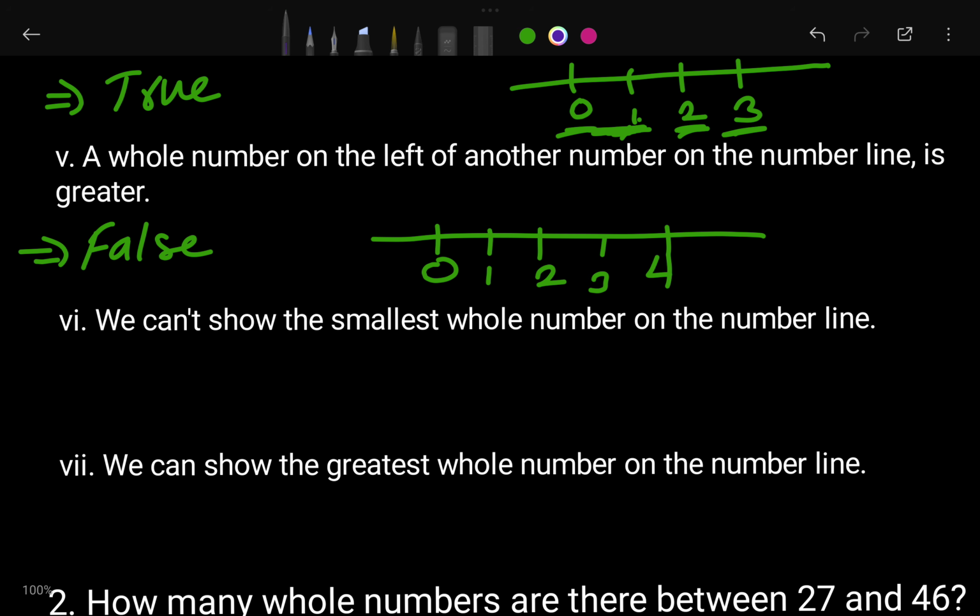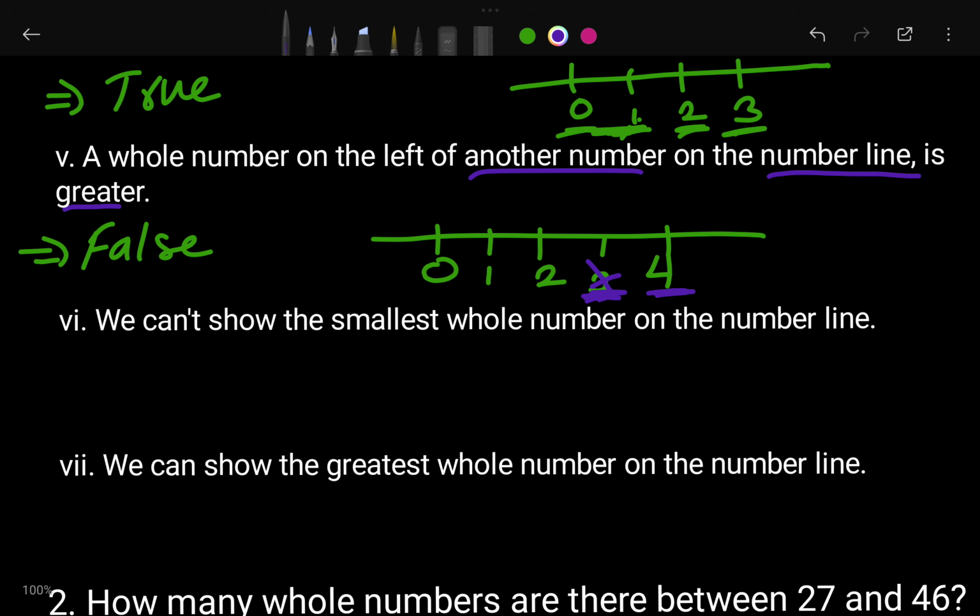Let's suppose on the number line, it is telling that the left side of a whole number is greater. If you see the 4, what is on the left side of the 4? It is 3. Is 3 bigger than 4? No, 3 is not bigger. 3 is smaller than 4, so it is not greater. So this statement is wrong.